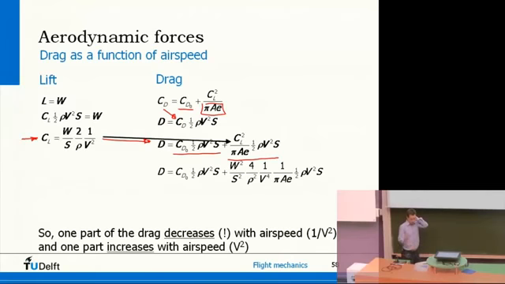You don't have to derive this yourself, just see what happens. The important thing to notice is that if you take CL squared, and I take this thing here squared, I have airspeed squared on the bottom of the equation.